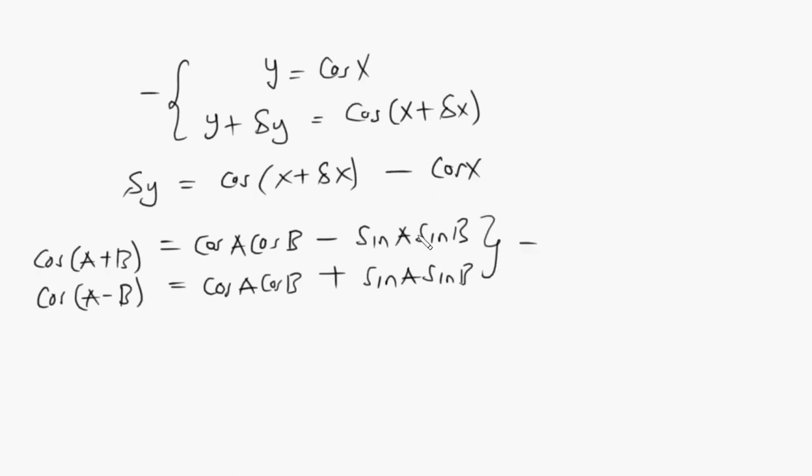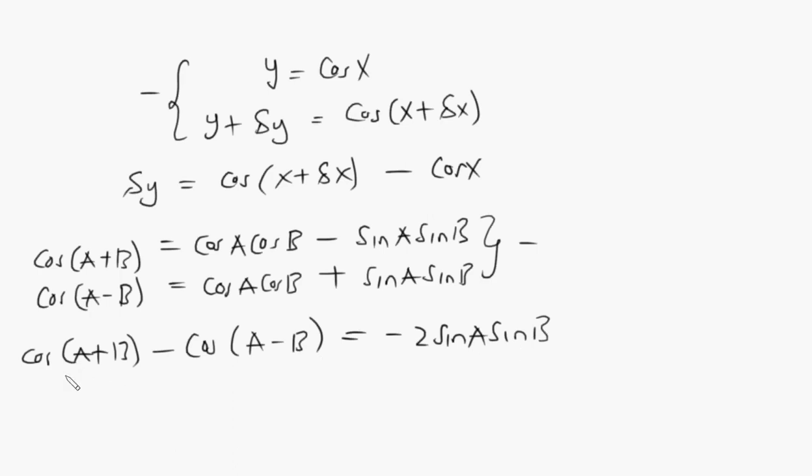So if I minus hii ya juu toa chini, huyu na huyu atakufa, nitabaki na negative 2 sin a sin b. I'm sorry, hapa nimesahau ku minus. Nimesahau ku minus na huyu cos a minus b. Kwa hiyo nitabaki na negative 2 sin a sin b. Sasa hii hapa naifananisha tena na hii kama nilivyofanya tu saa zile.